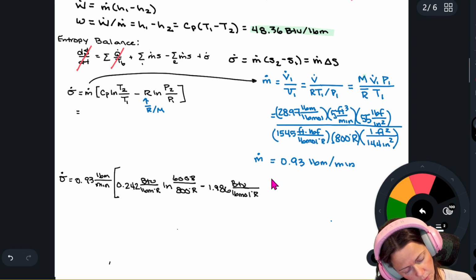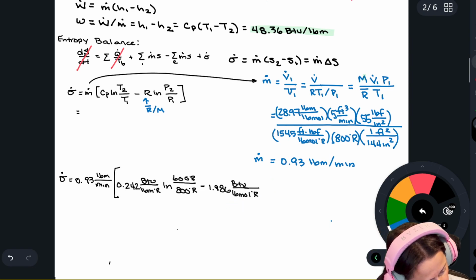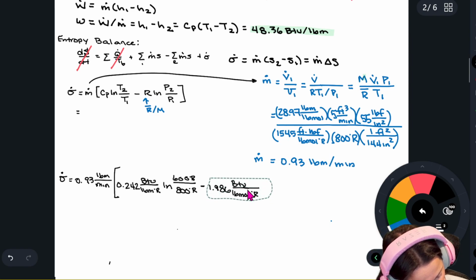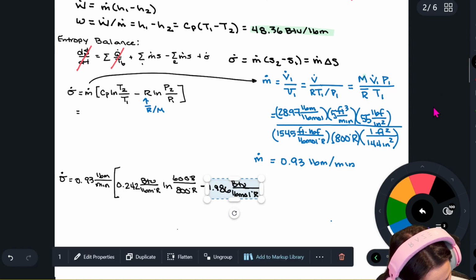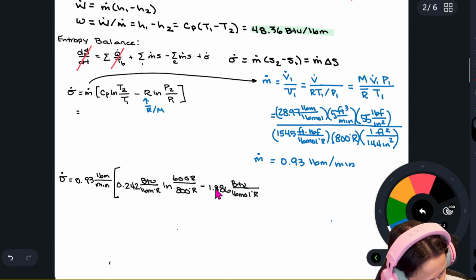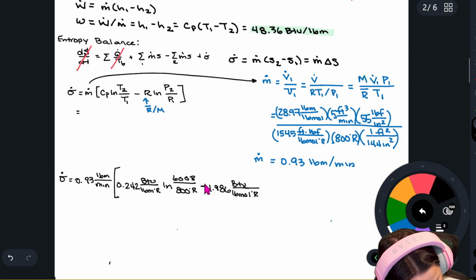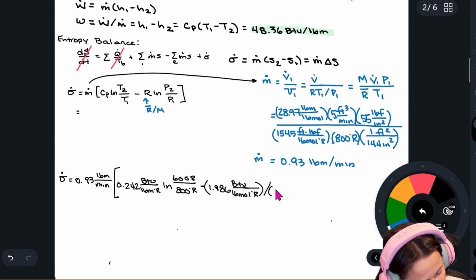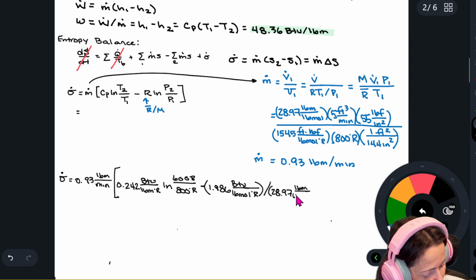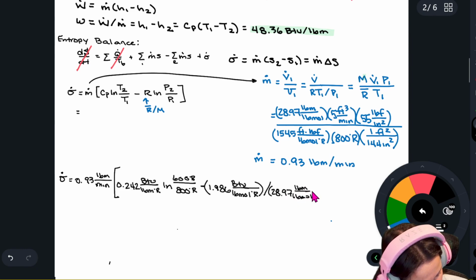Divided by my molar mass, 28.97 pound mass per pound mole.